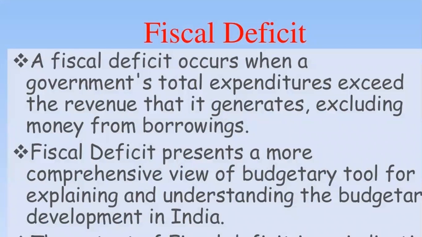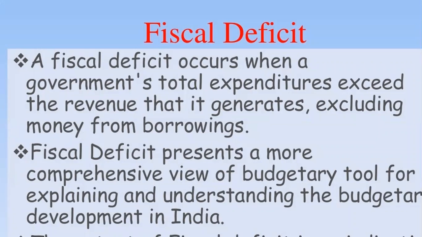Next is fiscal deficit. What is meant by fiscal deficit? The fiscal deficit represents a more comprehensive view of the budgetary imbalances. It is widely used as a budgetary tool for explaining and understanding budgetary developments in India.